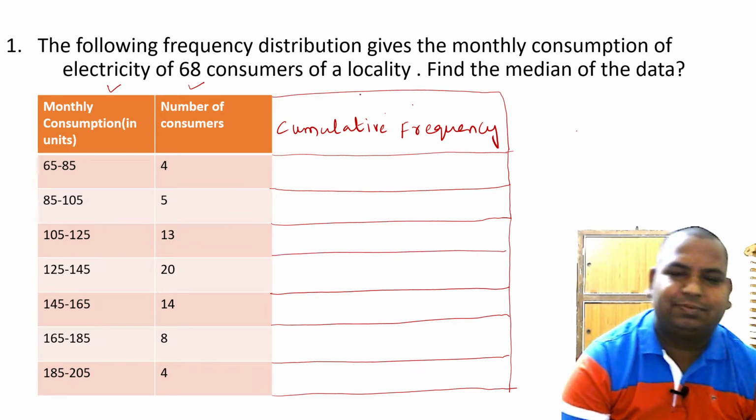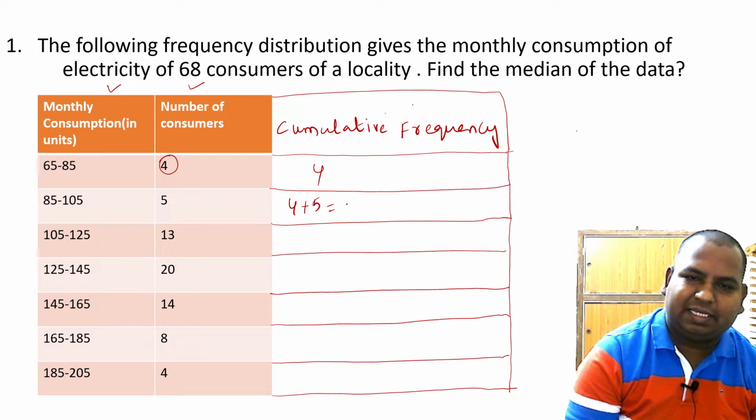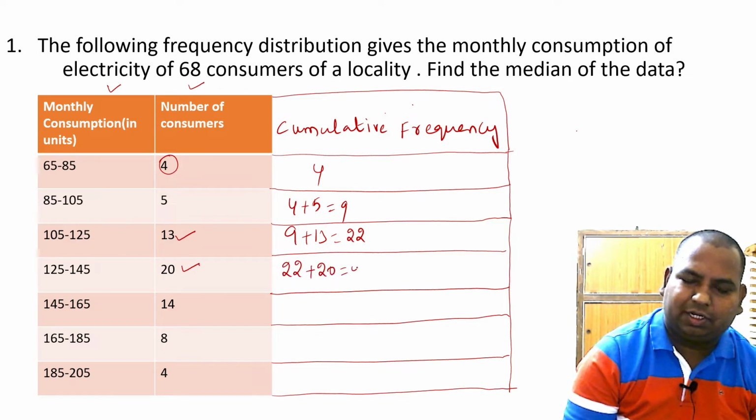while learning. So cumulative frequency: the first frequency is 4, so write 4 as it is. Next will be 4 plus 5, which is 9. Next 9 plus 13, which is 22. Next 22 plus 20 is 42.